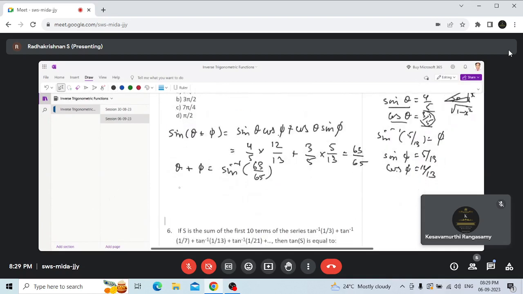Okay. So the formula given, I will reproduce it also just in case.